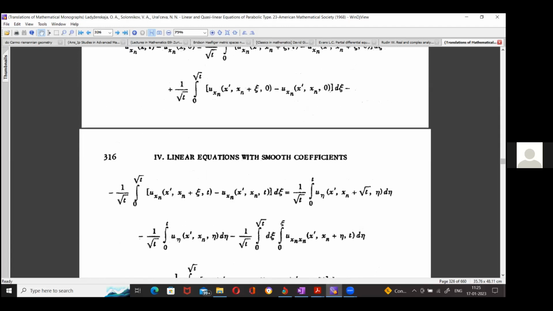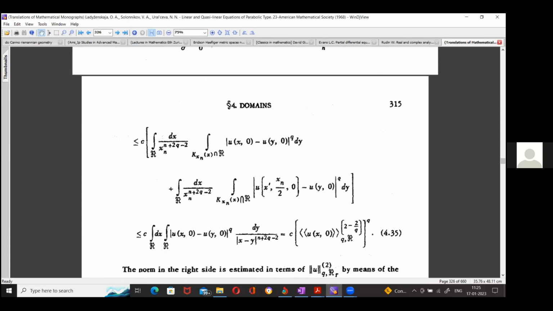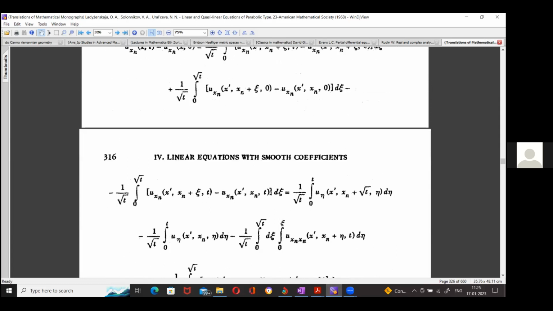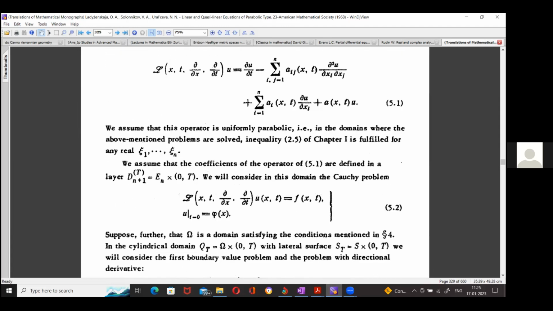It is, but the dimension of the lateral surface is also n.